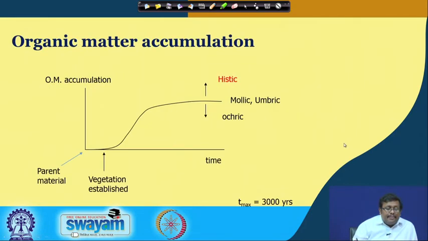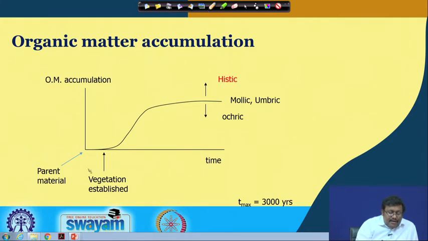Let us see how we can segregate histic, melanic, umbric and ochric. As you see here in this graph, the parent material is the starting point of soil formation, we already know that, and on the y axis we are plotting the organic matter accumulation.